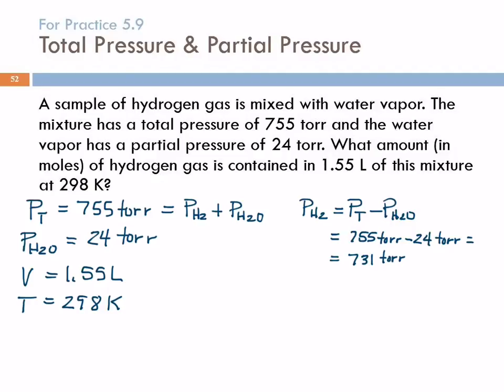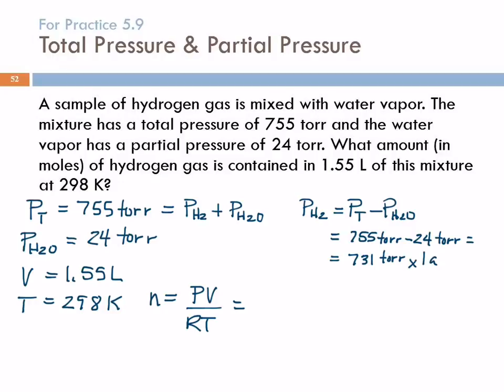So I've got P, V, and T. I'm looking for n. I can use the ideal gas law. So I rearrange the ideal gas law. n equals PV over RT. So the pressure is in torr. What do we need to do?